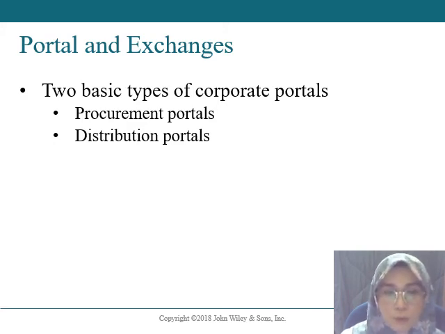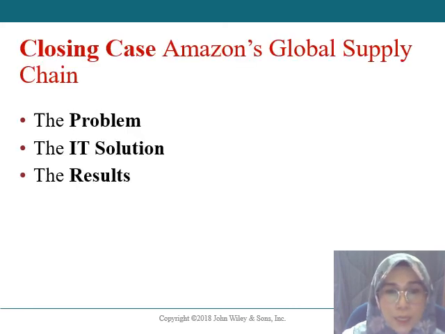Untuk distribution portals, it is used downstream, macam downstream punya konsep in the supply chain. It is for the customers punya companies that will automate the business process in selling or distributing product from a single supplier to multiple buyers. Okay, itu untuk kegunaan dia lah dalam supply chain management.